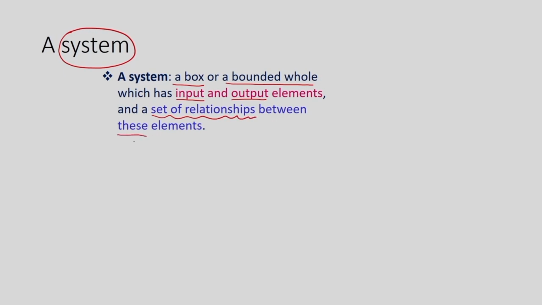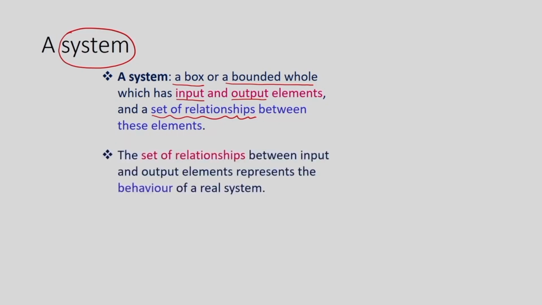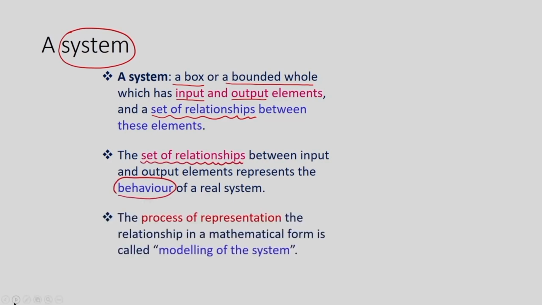These elements are input and output. The set of relationships between the input and output represents the behavior of the real system, and when we represent this relationship in mathematical form, we call that process the modeling of the system.